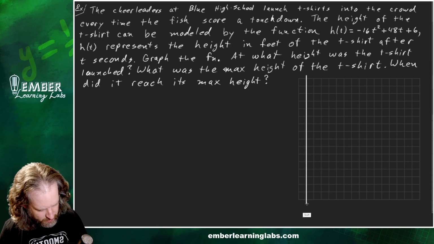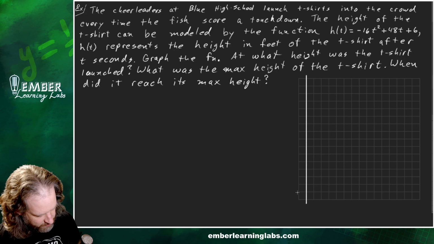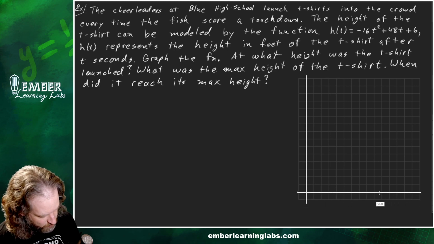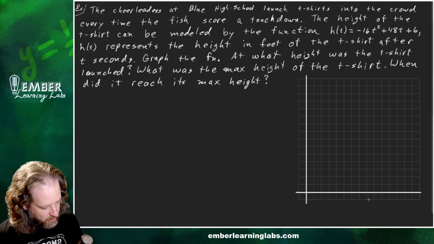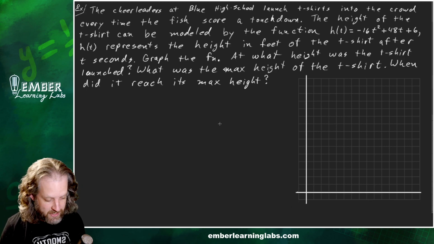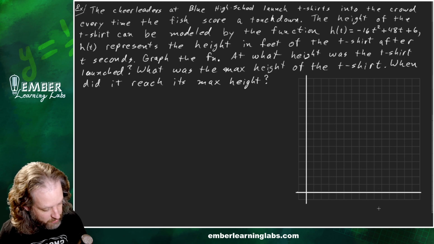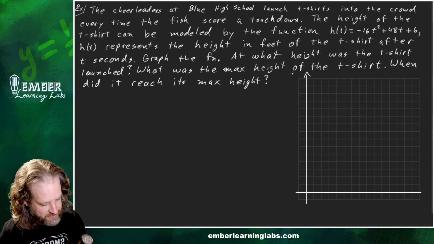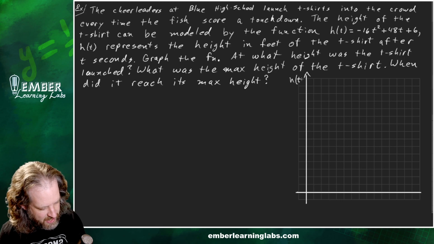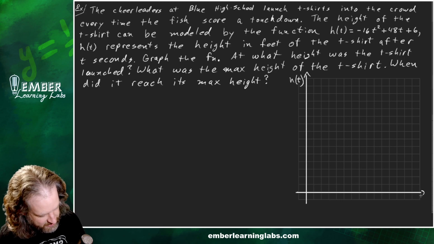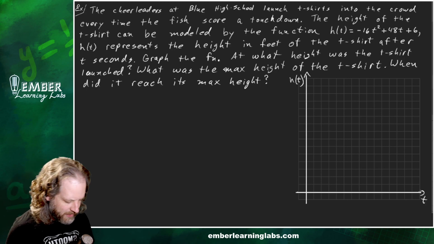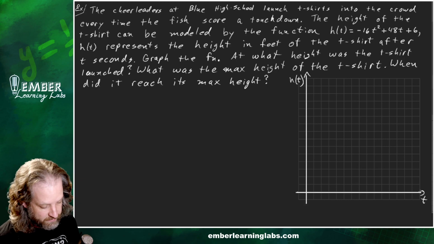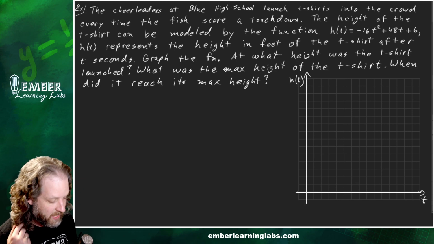We actually really only want quadrant 1, and we don't care about anything below the x-axis. In this case, they're not the x and y-axis; they're the h of t axis and the t axis. So we're only interested in a certain portion of this graph.